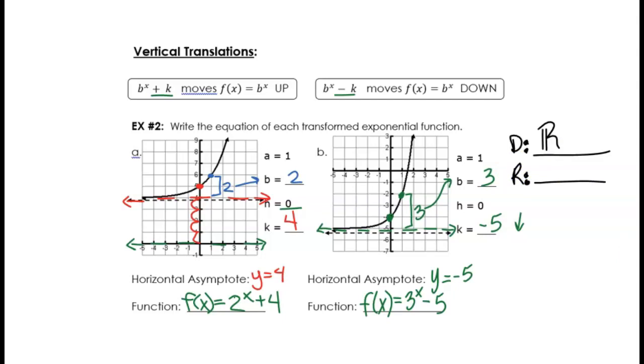The range was always the y values that were greater than something. It was greater than 0 for the parent function. But on something like this, the range would be all the y values that are greater than the asymptote, which is 4. So the range is all the y values that are greater than the asymptote.